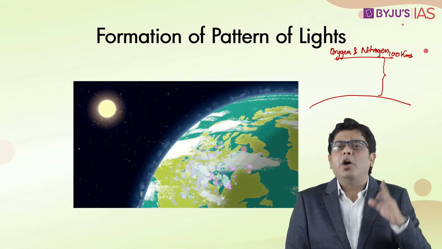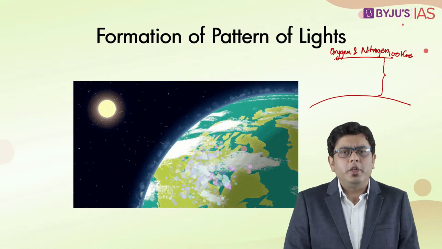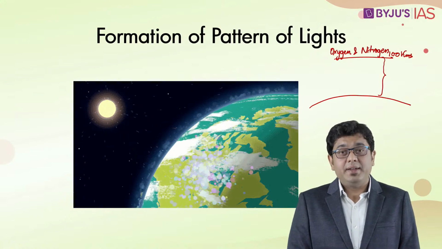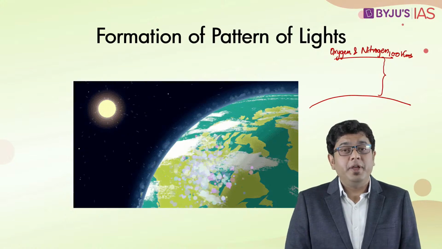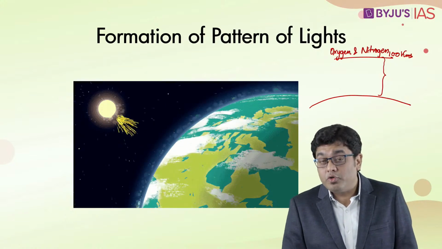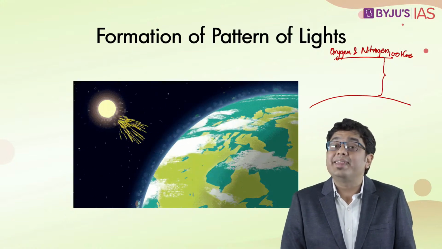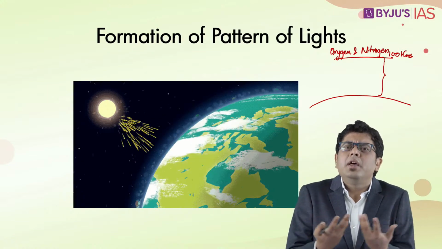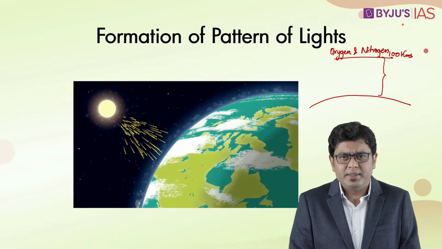Electrons leave the outer orbit of these molecules. So now we have a state where in the upper atmosphere we have oxygen and nitrogen which are present in an excited state. How does that help us explain the formation of lights?